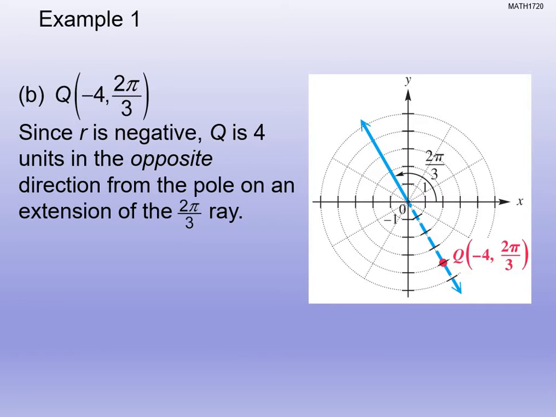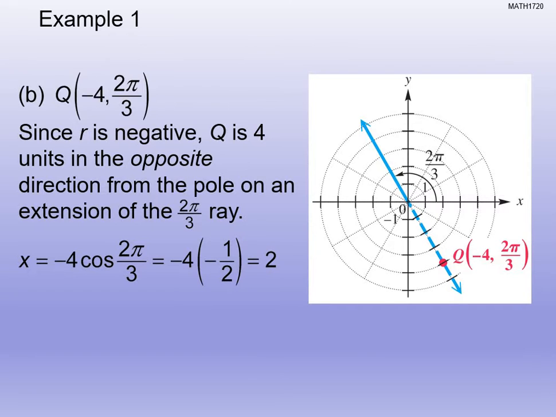So it's 4 units in the opposite direction from the pole on the extension of the 2 pi over 3. So please make sure that you note that, because that line can go in both directions.